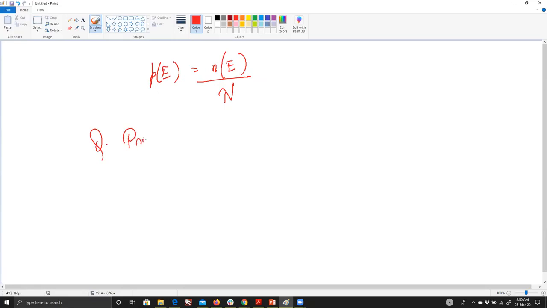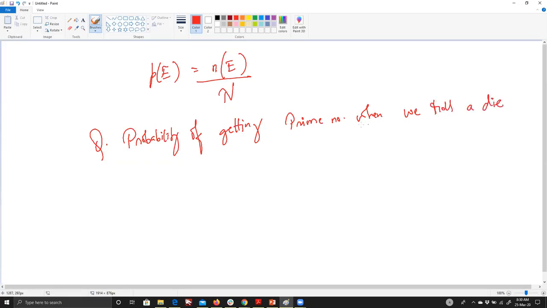Now a question. Give me the probability of getting a prime number when we roll a die. Calculate. First, how do you go about it?